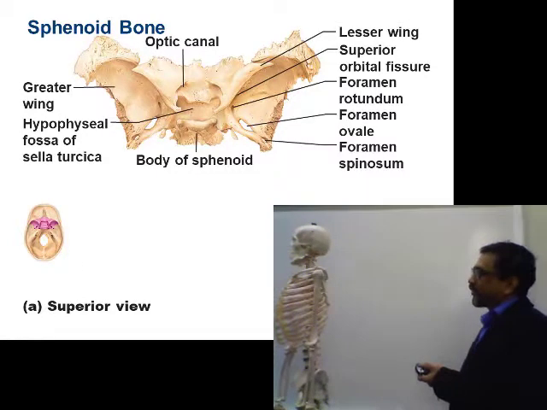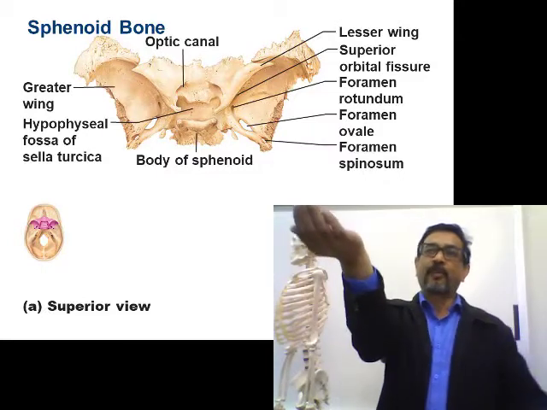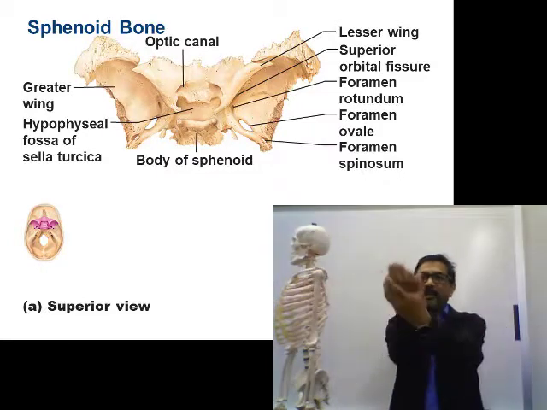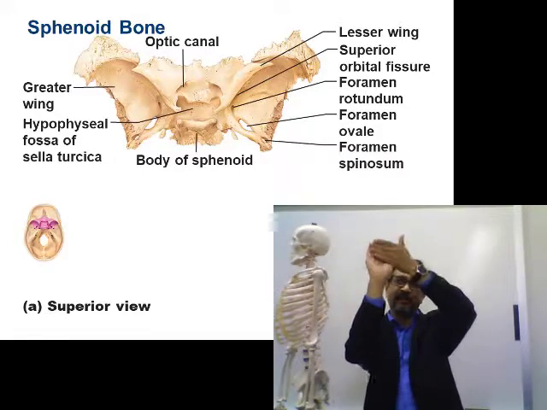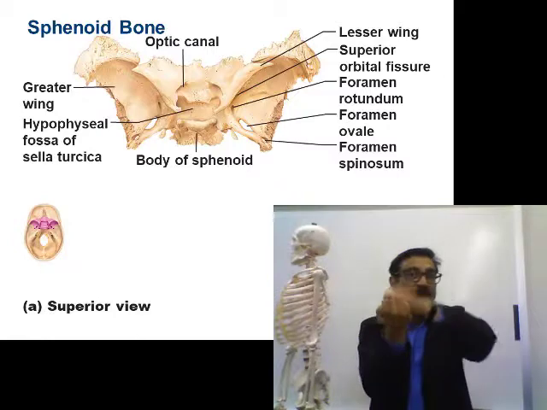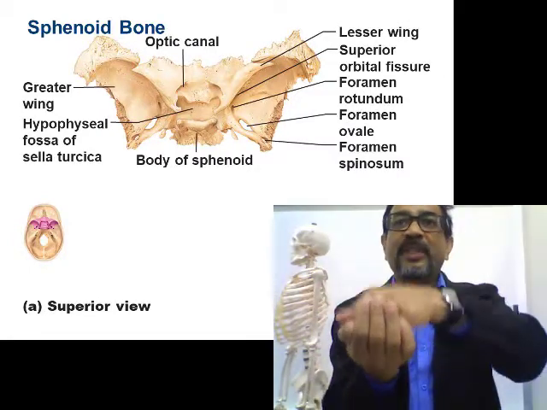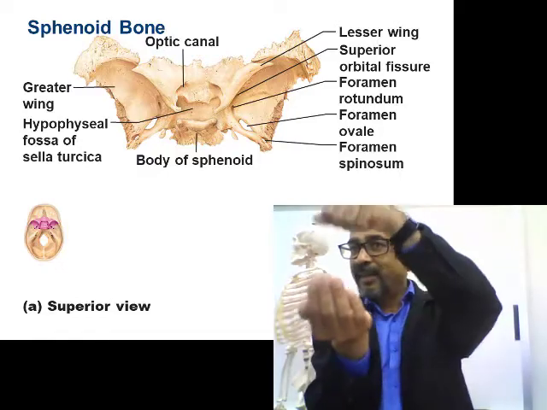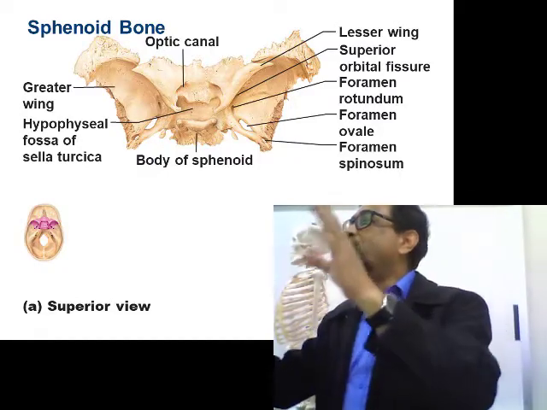Now if you see the body part, the upper surface of the body, you see, if this is the body, upper surface of the body has a fossa, again fossa, depression. That is called the hypophyseal fossa. Why? Because pituitary gland, you know, the master gland, sits there in that fossa. And another name of pituitary is hypophysis.